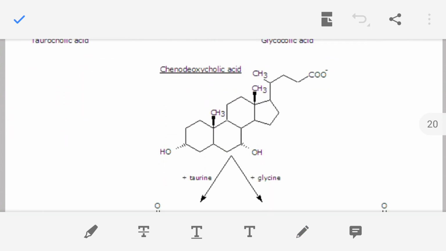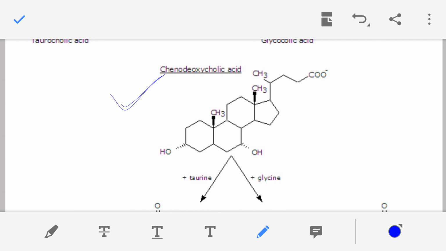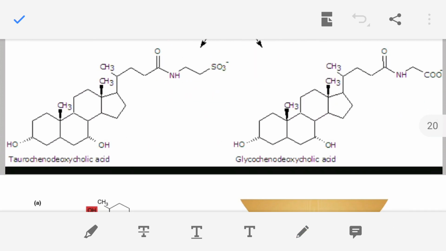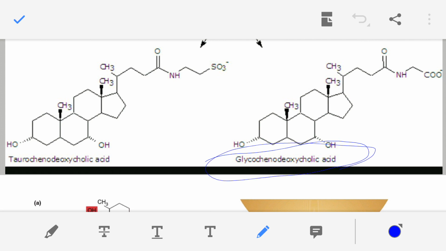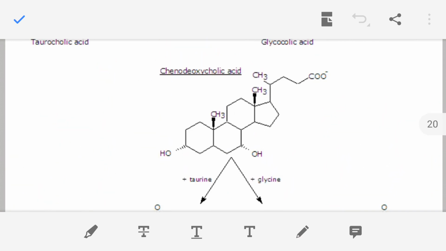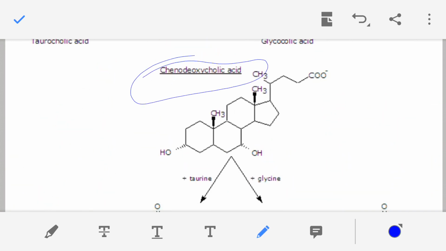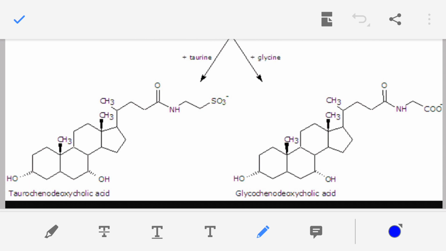Now, this is the structure of chenodeoxycholic acid. When chenodeoxycholic acid combines with glycine, glycochenodeoxycholic acid is formed, and when chenodeoxycholic acid combines with taurine, then taurochenodeoxycholic acid is formed.